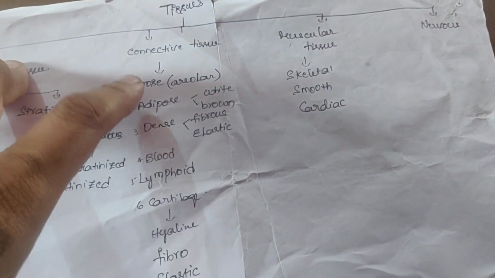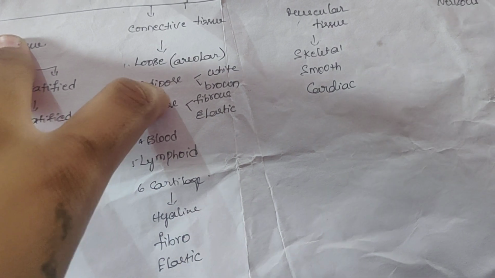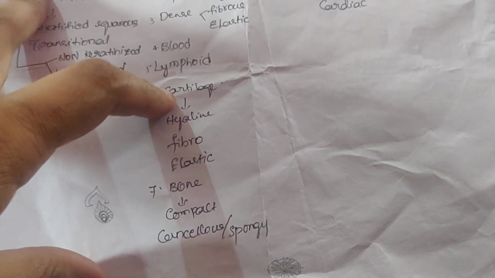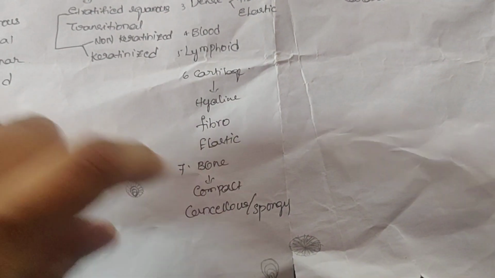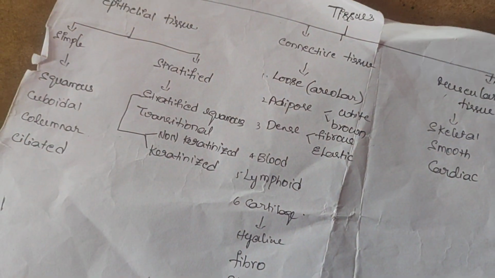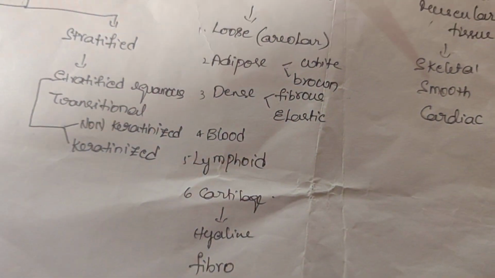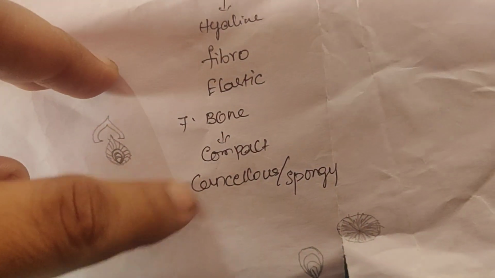So we have 7 categories in our connective tissue: loose, adipose, where we studied white and brown, dense, where we studied fibrous and elastic, blood, lymphoid, cartilages and bone. Spongy bone is also known as cancellous bone. So that is about the connective tissue.